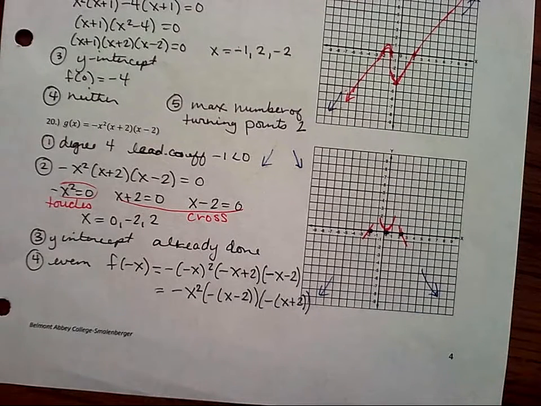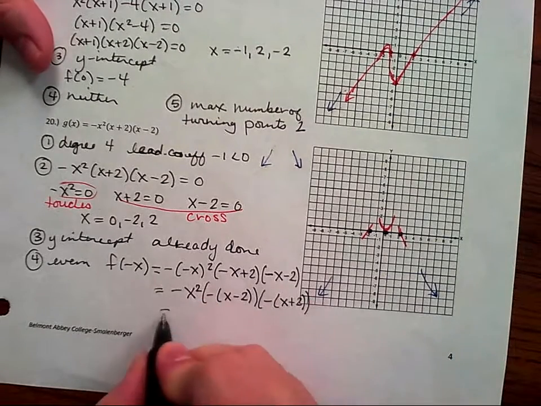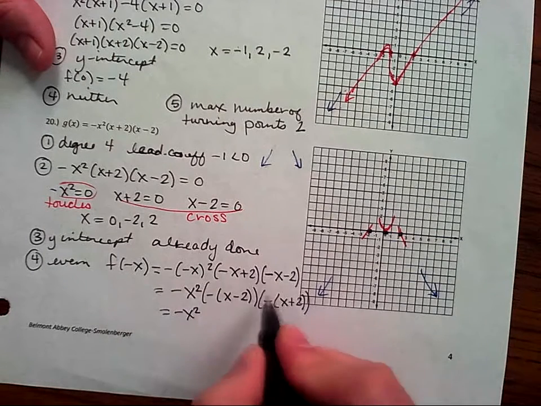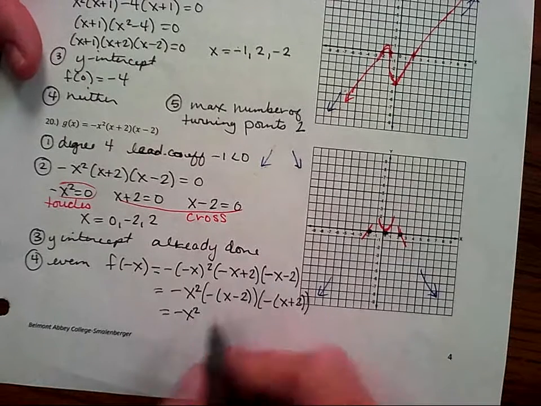So this is a little bit much, I think. Is this a lot? So then I would have this negative times this negative. I would factor this negative out. I would factor this negative out. A negative times negative is positive.